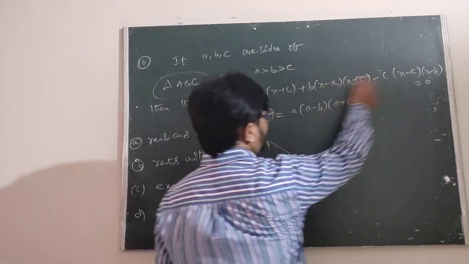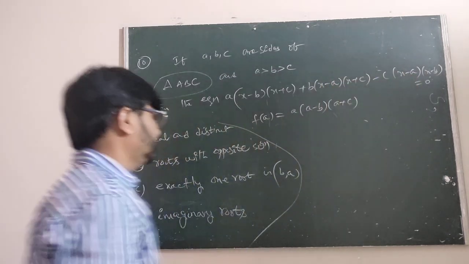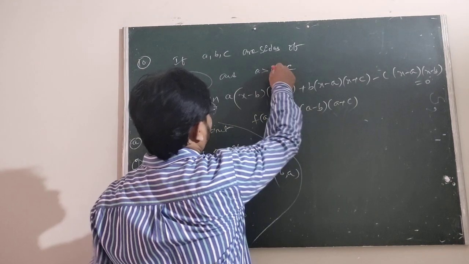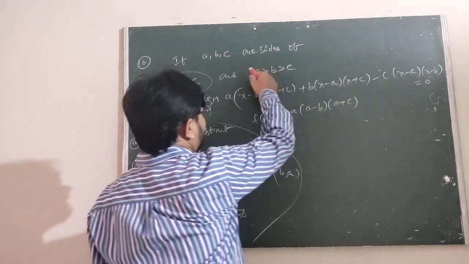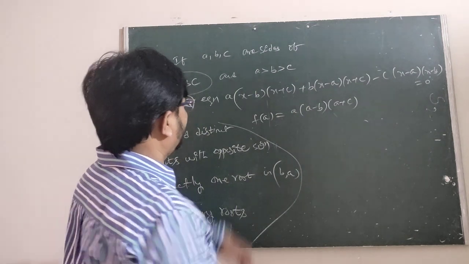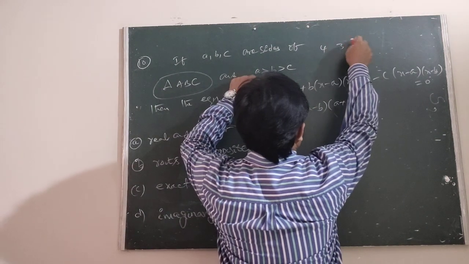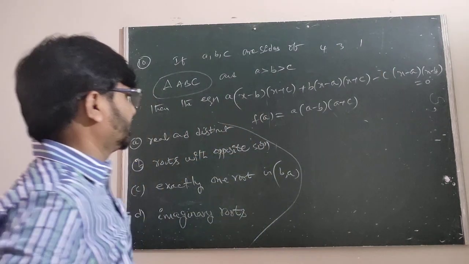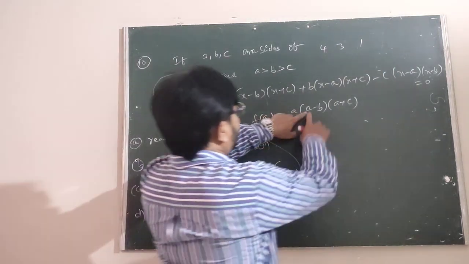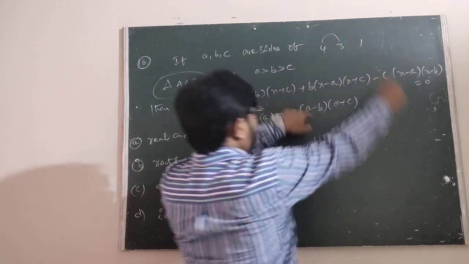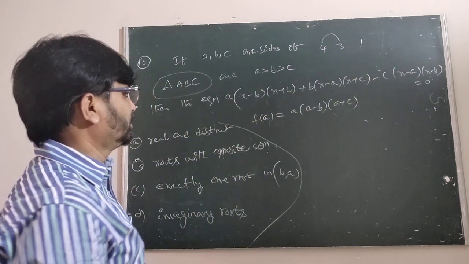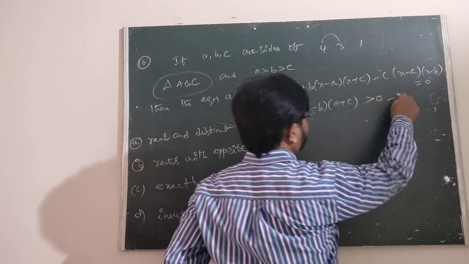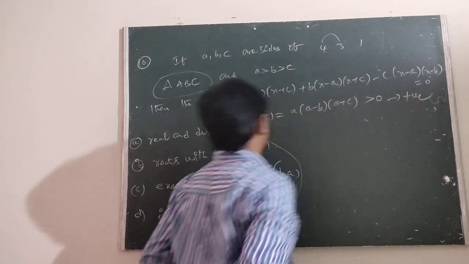Now a is positive. Suppose a, b, c are 4, 3, 1. Then 4 is greater than 3, so a minus b, that is 4 minus 3, is positive. Therefore f of a is positive.